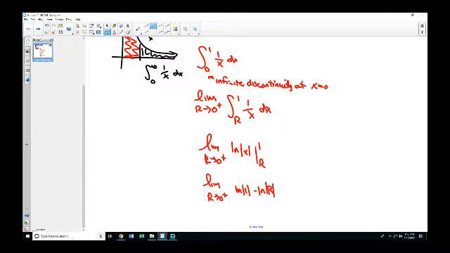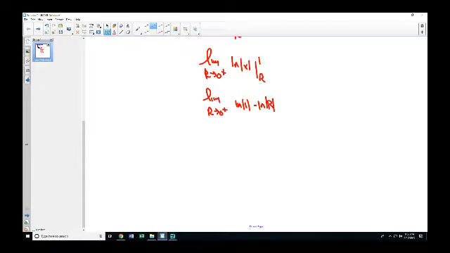Is this the one that diverges? It is. Can you explain why? Because natural log as r approaches 0 from the right is like negative infinity, quote unquote. So we get divergence because that's basically infinity, right?